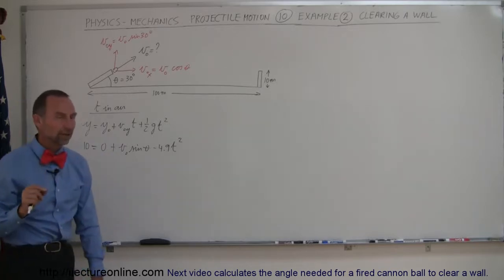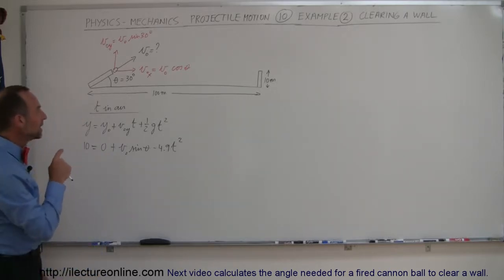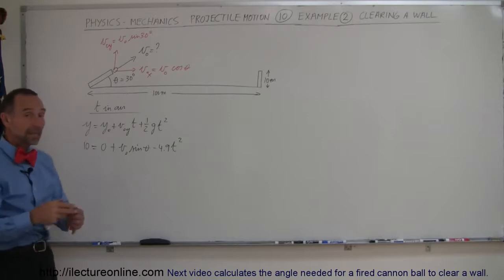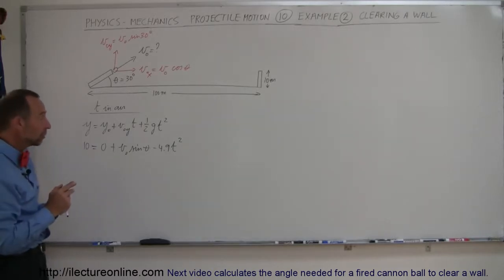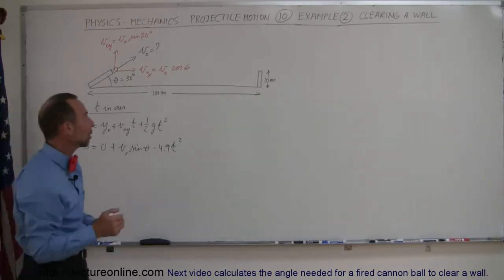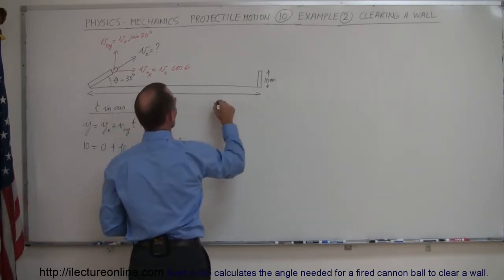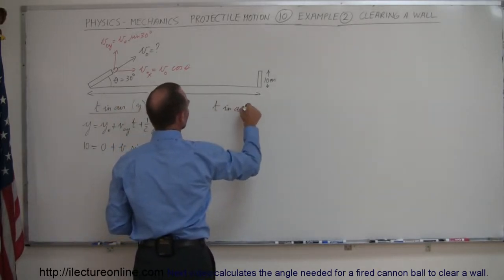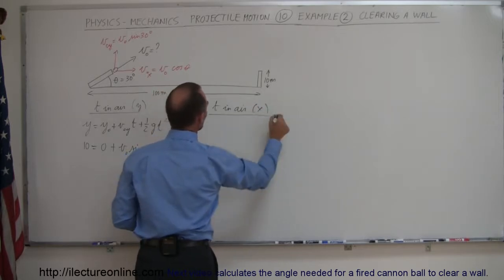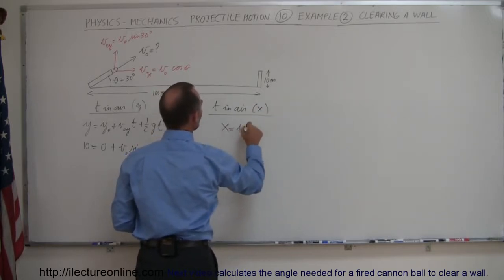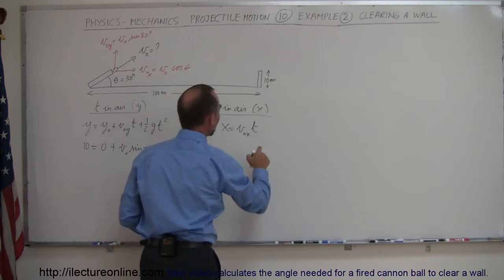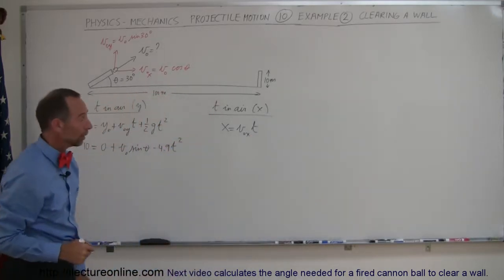But here's the trick. Since we know that the time in the air in the y direction must equal the time in the air for the x direction, we can also use a second equation. So this would be for the y direction. And in the x direction, x is equal to v initial in the x direction times time. Time appears there as well.